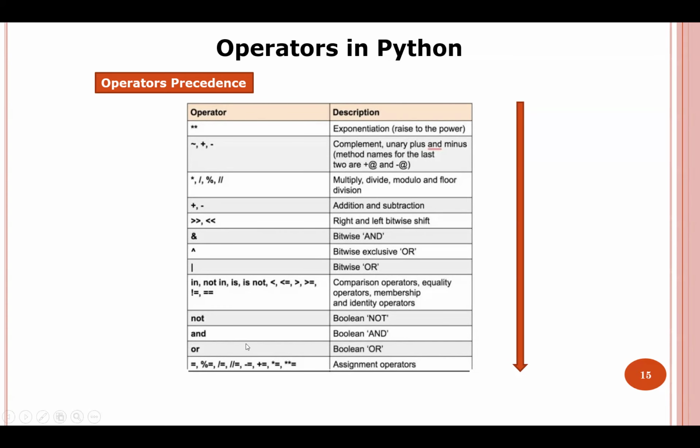If there is one equation with multiple operators, here we are trying to show how the operators will work: first this is important, after that this one, then this one, and so on. This is called operator precedence, and based on this our equation will be solved.